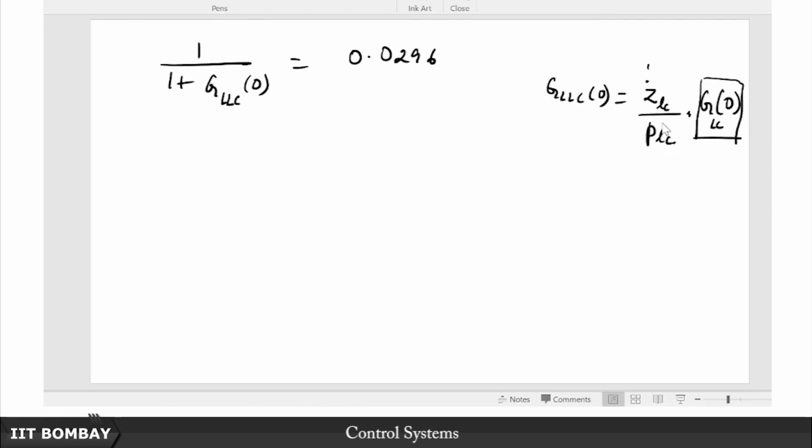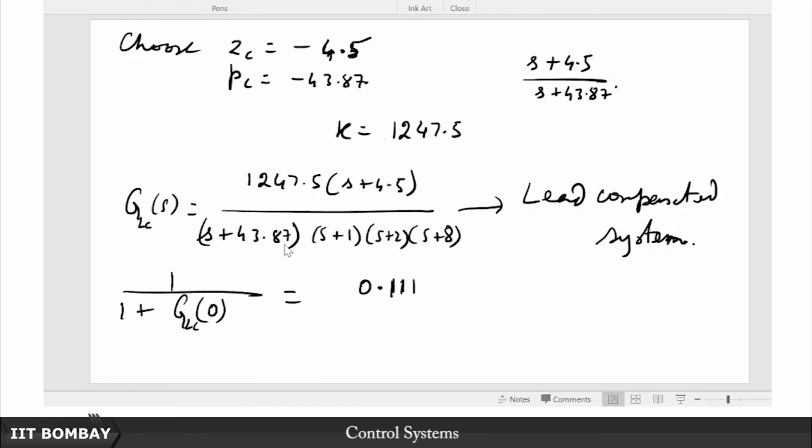Now we want to place the 0 and the pole pair of our lag compensator in such a way that by scaling with the lag compensator 0 by the lag compensator pole, when we plug this value in here, it gives us this. We already know this; you can just plug in 0 here and compute it.